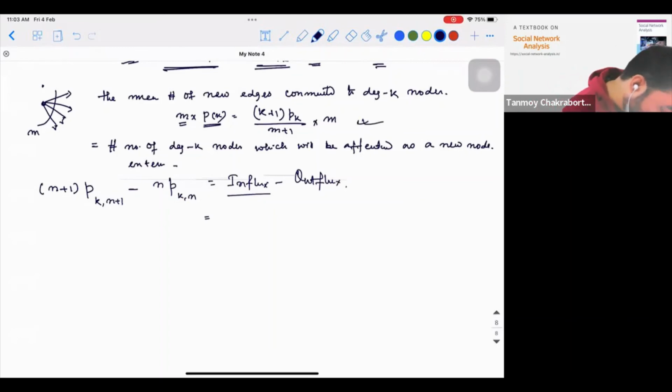Influx means degree k minus 1 nodes becoming degree k, right? So if you use this formula, this would be k into p(k minus 1). I'm replacing k by k minus 1 because those number of nodes will be moved, right? N times m by m plus 1. This is influx. And outflux would be degree k becoming degree k plus 1, so this would be the same as this one.